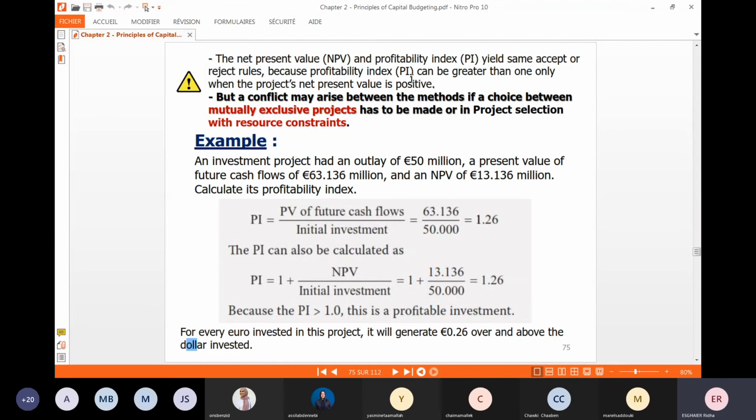Donc عندي limited resources ونحب نعمل أكثر NPV ممكن بالزيد these limited resources. This will not be covered في الكورس نتاعنا هذا.